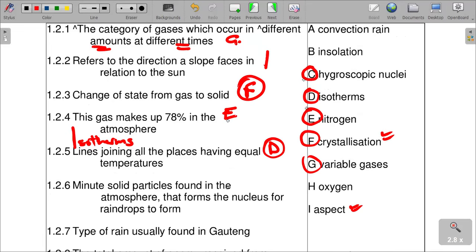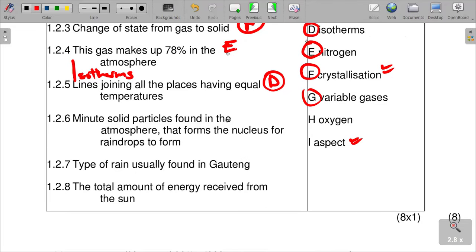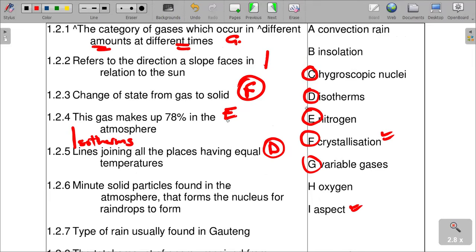They are very small. These are hygroscopic nuclei, small particles found in the atmosphere, resulting in condensation, which is the formation of the nuclei of raindrops. We call that, which is C.